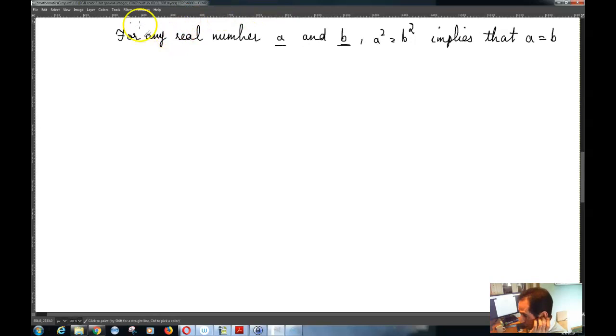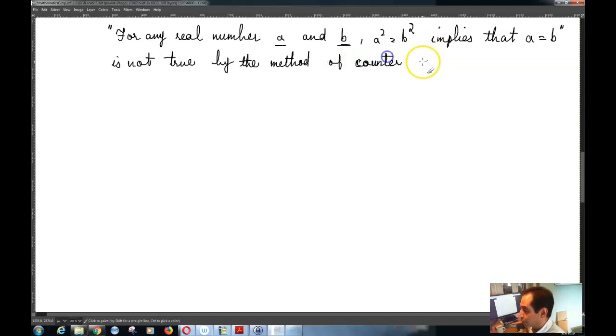You want to show that this statement is not true by the method of counter example.